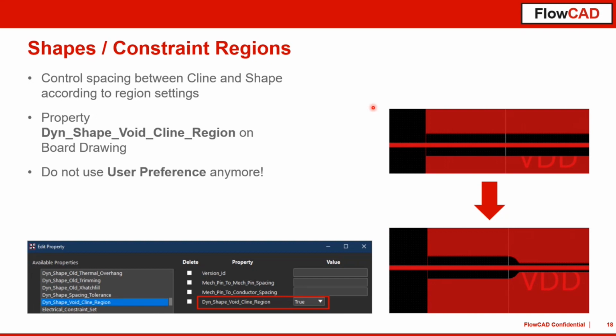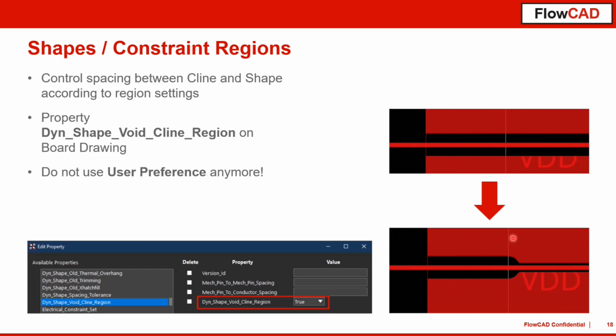Good. Then we sometimes have the need to have wider or smaller spacing between a sense line and a shape inside of a region. So normally the most conservative value is used here for cutting out this line. So here this region on the right side is the region.